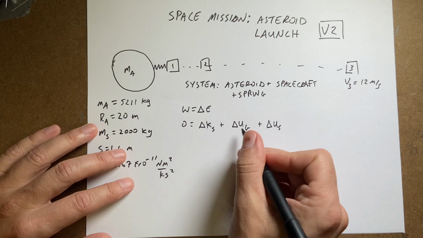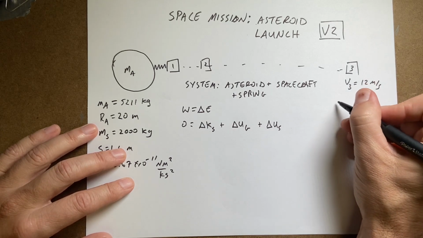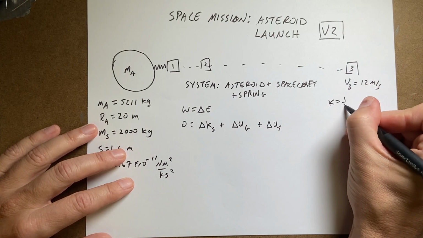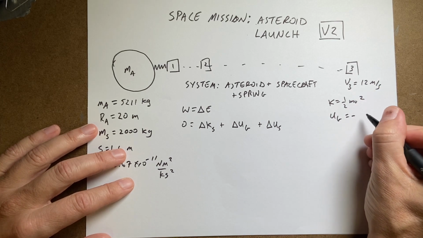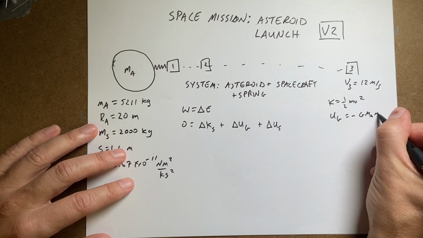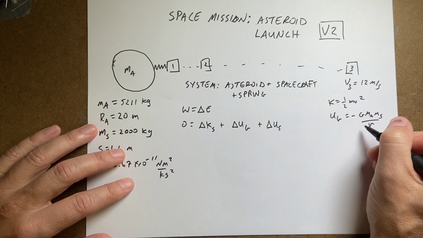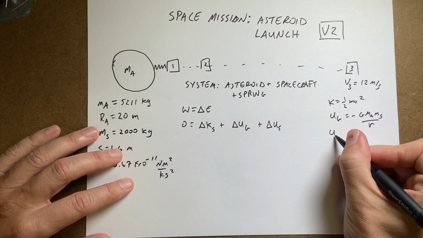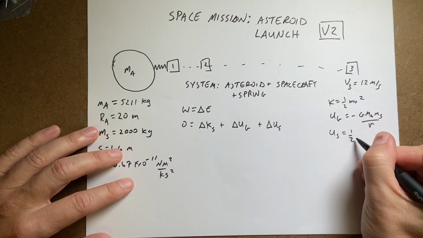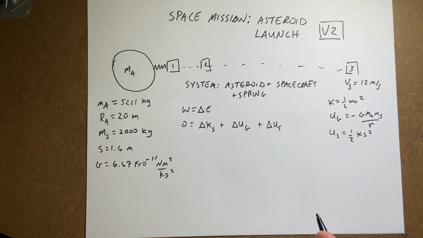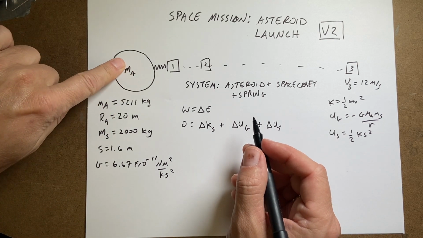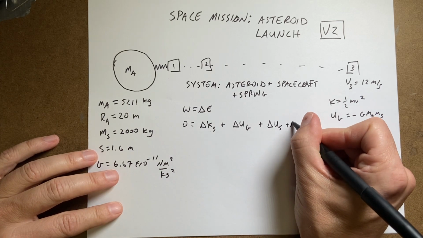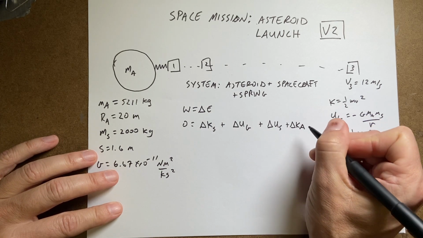Kinetic energy is 1/2 mv squared, the gravitational potential is negative G m_a m_s over r, where r is the distance between their centers, and U_s is 1/2 ks squared, where k is the spring constant and s is the amount it's stretched or compressed. The other term I need to add is, since the asteroid recoils also, it will have a change in kinetic energy, delta K_a.